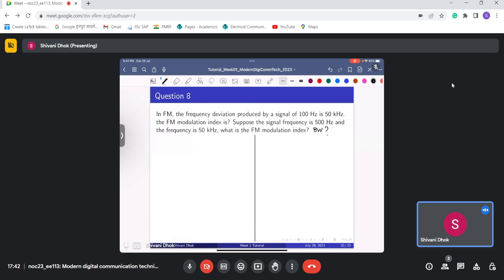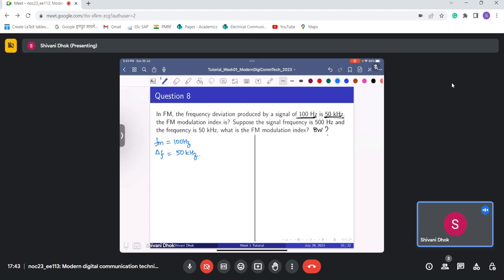What is being asked is, in FM, the frequency deviation produced by a signal of 100 Hertz, that is Fm is given as 100 Hertz, and the frequency deviation produced by this signal is given as 50 kilohertz. So directly the frequency deviation is being given, so we have delta F as 50 kilohertz.